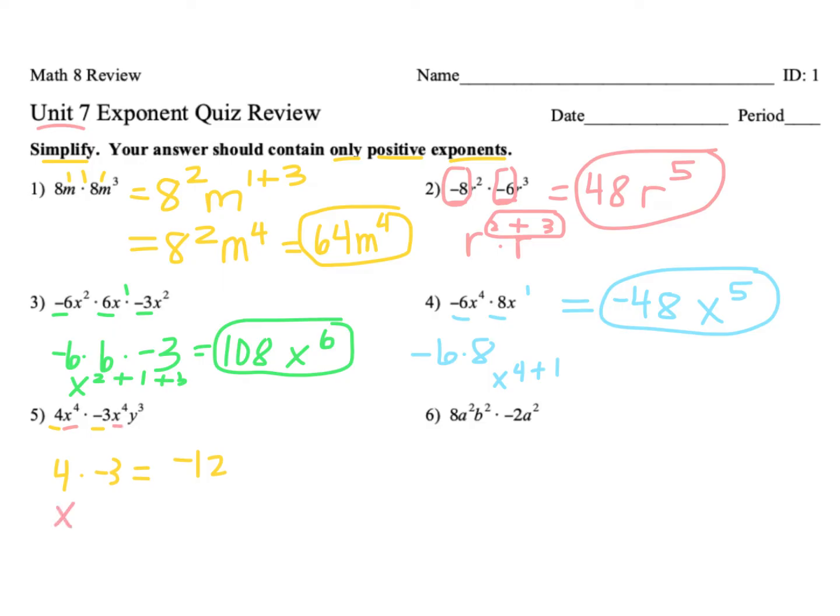So I'm going to keep the base and add the exponents. They're x to the 4th and x to the 3rd, so that's x to the 7th. And then there's nothing to pair up with the y's, so I just bring that along.